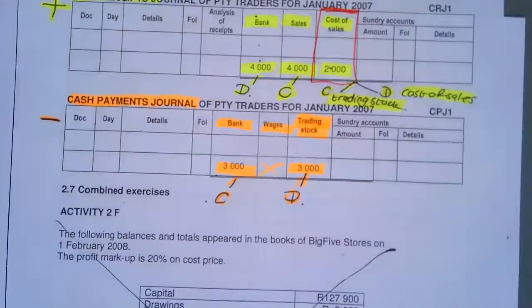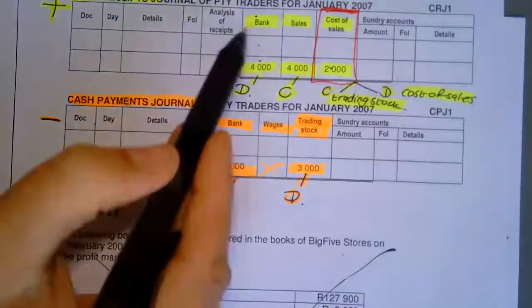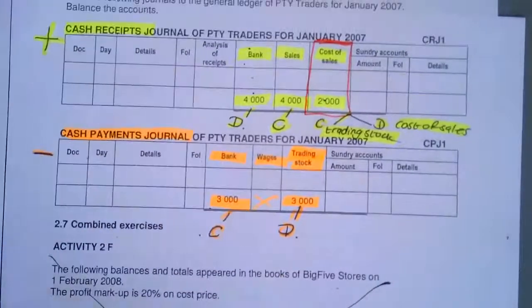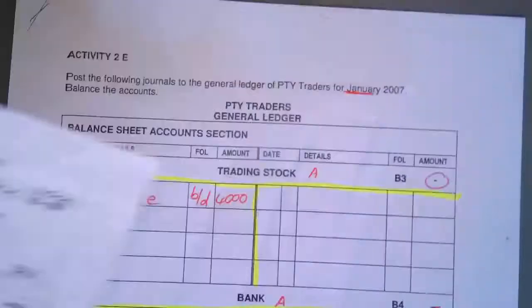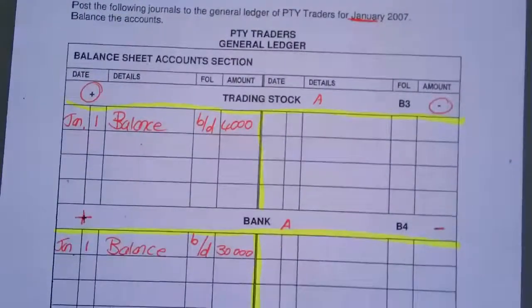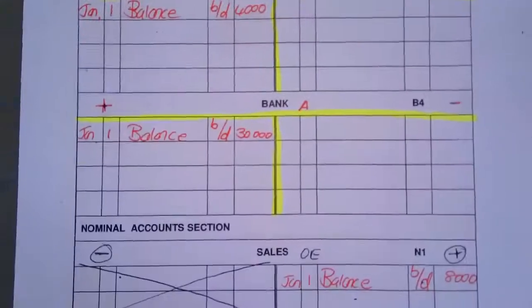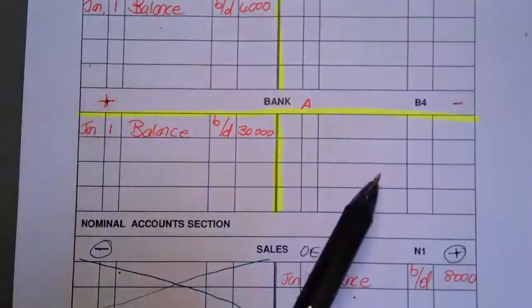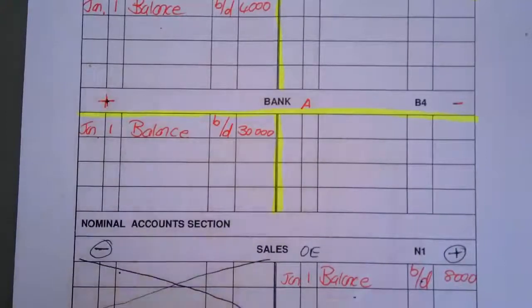Now let us first book bank over because it's the easy one. When you go to the bank account, it's an asset, so it's debit plus, credit minus.